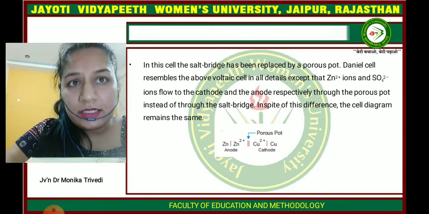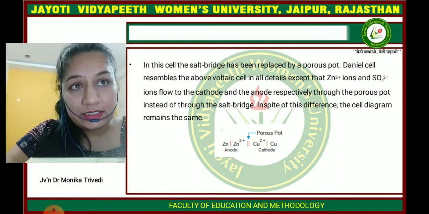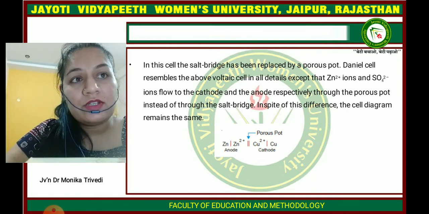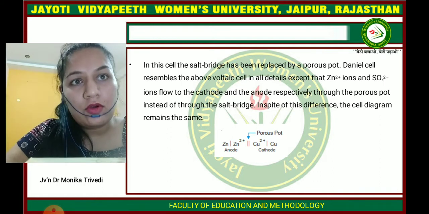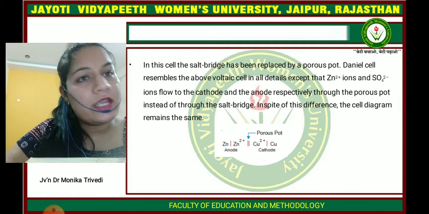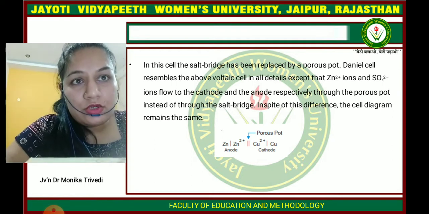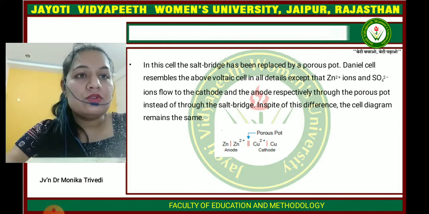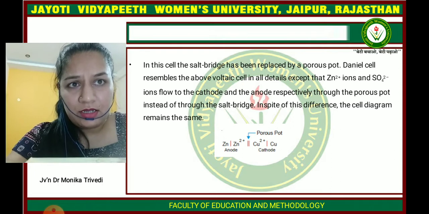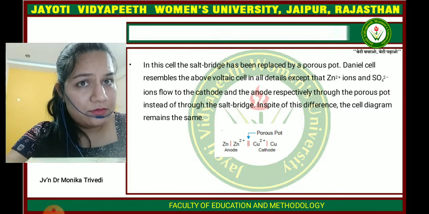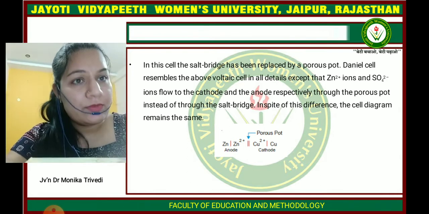The Daniel cell closely resembles the voltaic cell, except that the Zn2+ and SO4 2- ions flow to the cathode and the anode respectively through the porous pot instead of through the salt bridge. In spite of this difference, the cell diagrams of the voltaic cell and Daniel cell are the same.